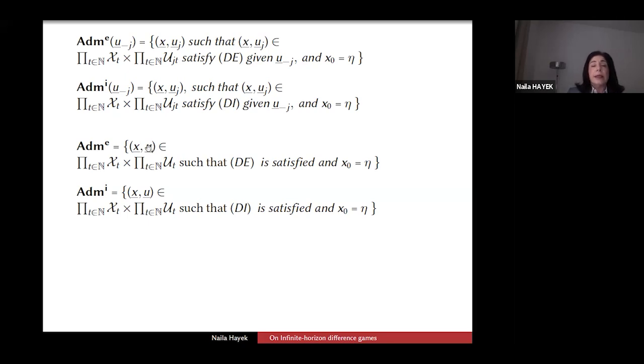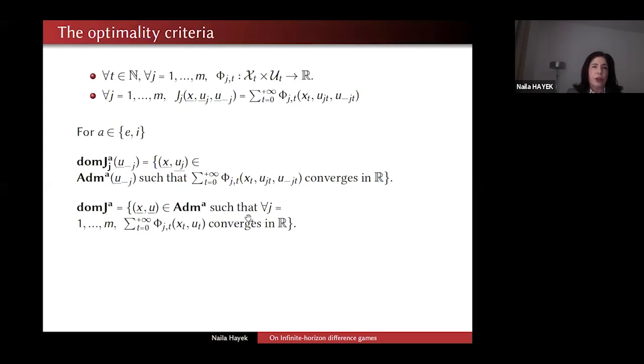When it is in the correct set and it satisfies the difference equation and the initial condition. The same for a process of state and strategies of all the players satisfying the difference inequality and the initial condition.